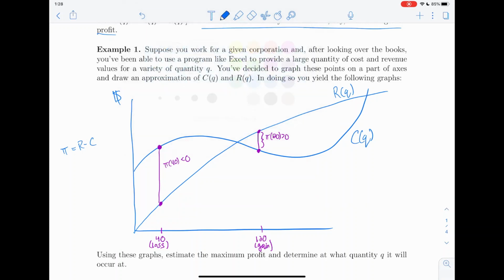just a smidge to the right, there we go, what we might observe is that I could also turn around and take a look at maybe over here, we could have a different quantity. Maybe this is 170. And what we notice here is that there's the revenue, there's the cost. This, again, is the profit.